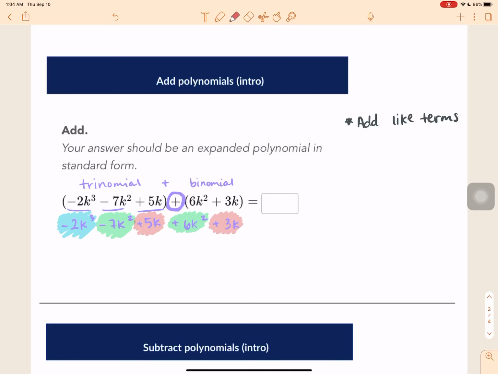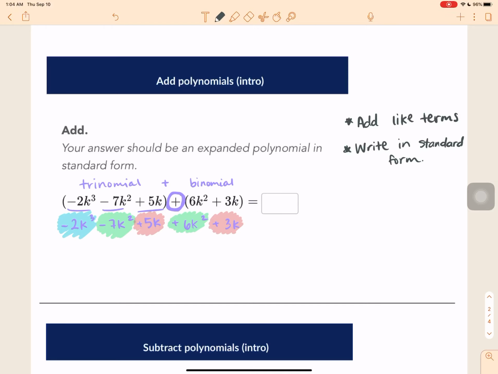So now you have to realize, okay, what goes first? Once you see what terms you have to combine, you need to make sure to write in standard form. You could always combine your terms first and then rewrite it in standard form, but it's totally up to you.